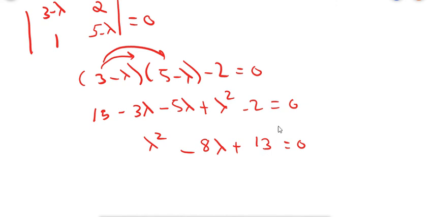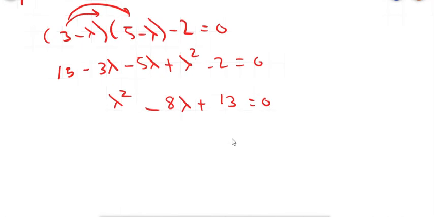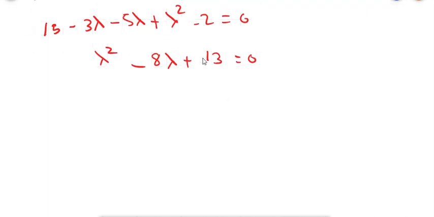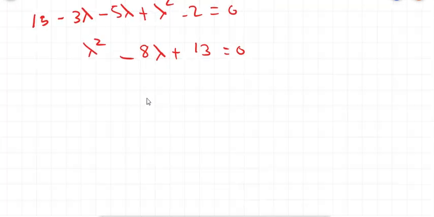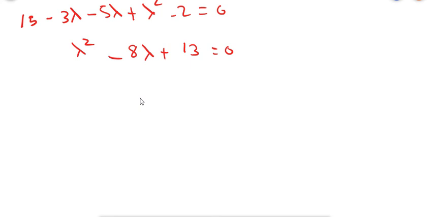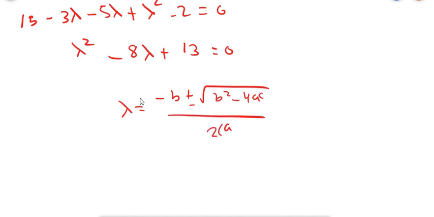So we have to find two numbers whose multiplication is equal to 13 and whose sum is equal to minus 8. We will not find these numbers, so we will use the quadratic formula. Lambda is equal to minus b plus or minus square root of b square minus 4ac, over 2 multiplied by a, where a is equal to 1, b equal to minus 8, and c is equal to 13.